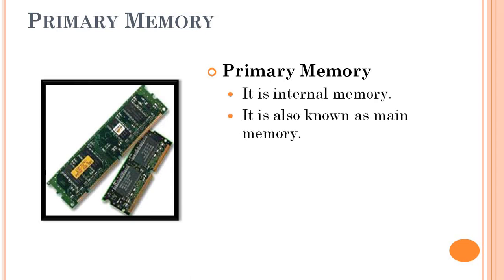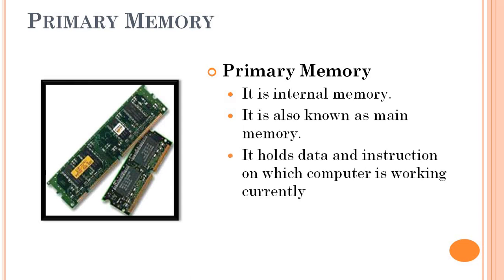It is also known as the main memory of the computer. It holds data and instructions on which computer is currently working. For example, if you are viewing this video, the primary memory is going to hold all the data and instructions related to the video.